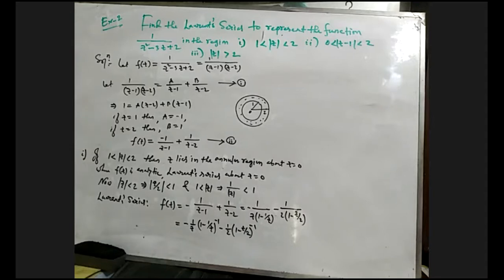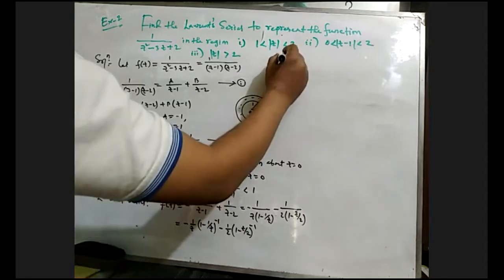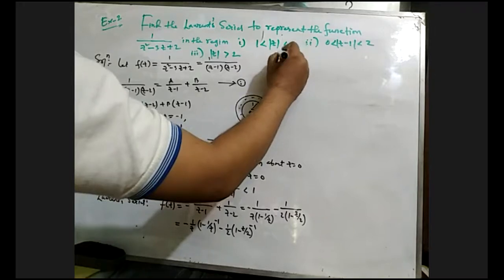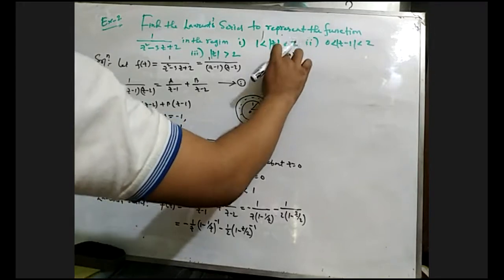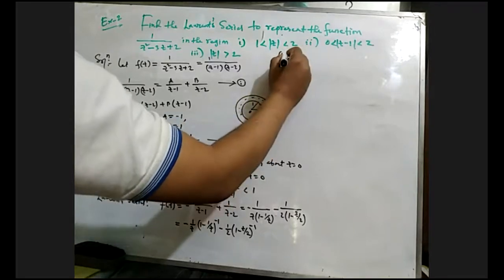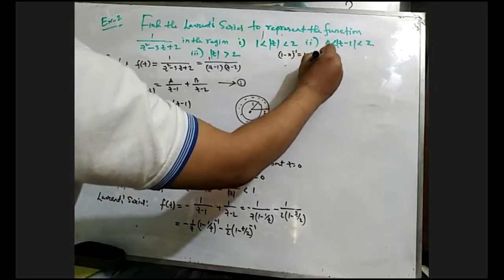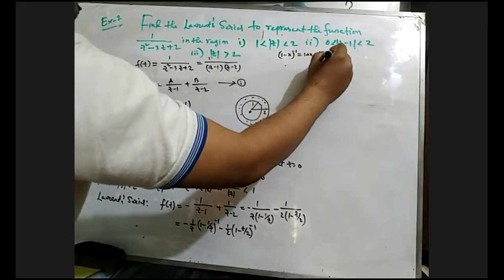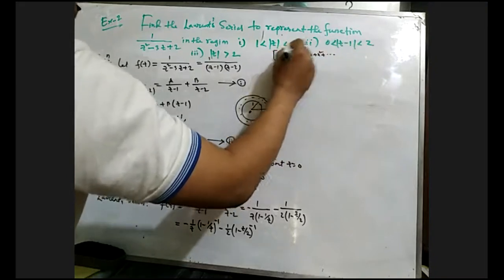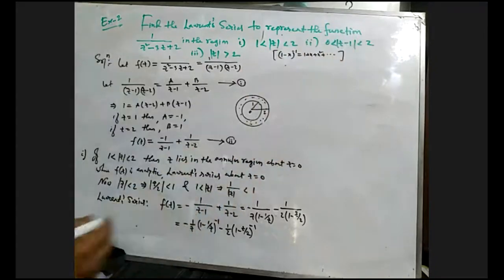So you must know about this: (1 minus x) to the power minus 1 equals 1 plus x plus x square plus and so on. This is from the binomial series.